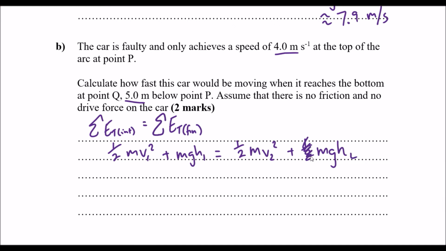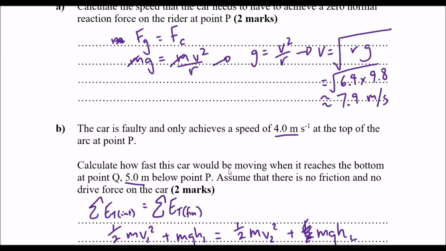So that's our equation there. What we want to find is v2. So that's the value we want. We actually know the majority of these numbers, so we can begin to do some substitutions.